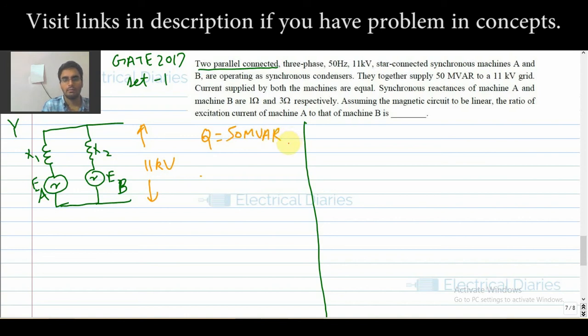Current supplied by both the machines are equal. Let me mark them as I1 and I2, and it's given that I1 is equal to I2. These are phasors only.